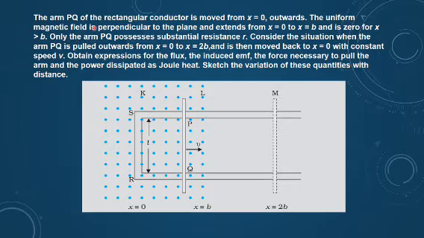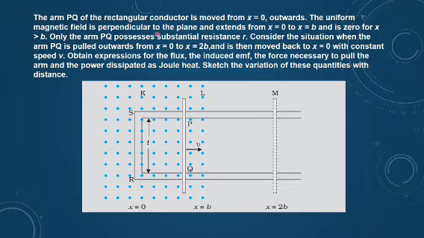The arm PQ of the rectangular conductor is moved from x equals 0, this is x equals 0, outwards. Earlier, in doing the derivations, we were taking it inward. Now they are asking this PQ is moved outward from the initial position x equals 0.